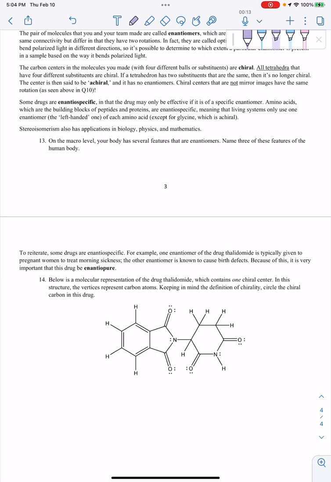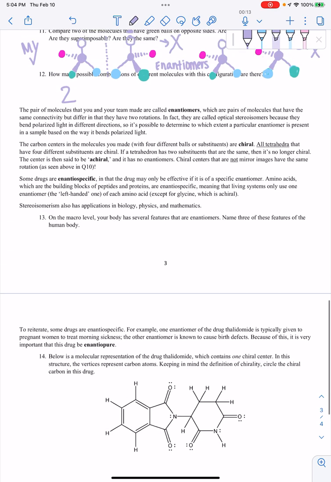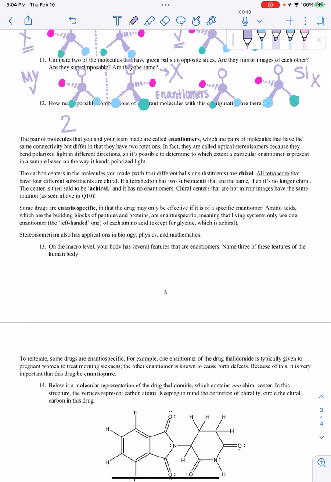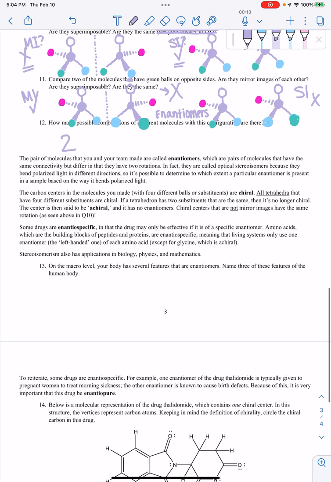And so what's really cool about the body is that you kind of have this like internal mirror plane that's sort of splitting you in half because we have 2 arms, 2 legs, 2 feet, 2 hands, 2 eyes, 2 ears. There's a lot that's reflected on our bodies from the left side to the right side. And so we have a lot of body parts that are mirror images but aren't superimposable.